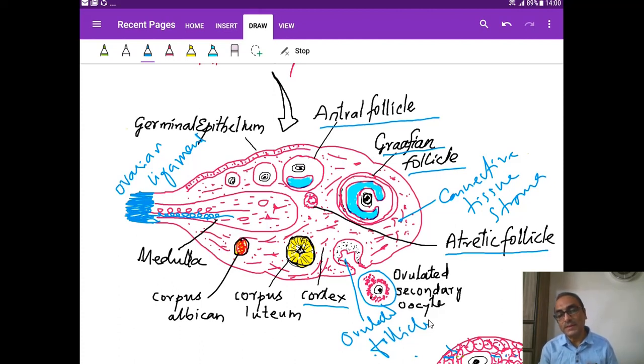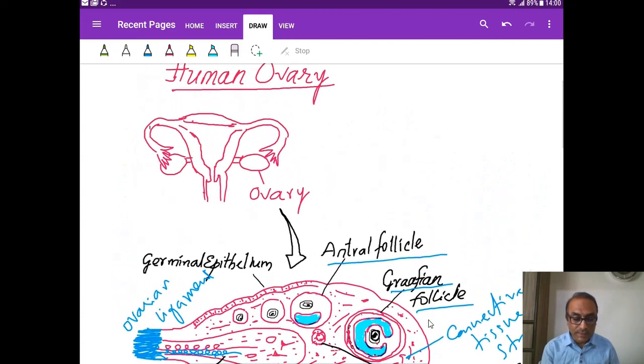Till then it will be at the secondary oocyte stage. It is released along with the granulosa cells surrounding it, called the cumulus oophorus. So this is how ovulation, or release of the oocyte, takes place.